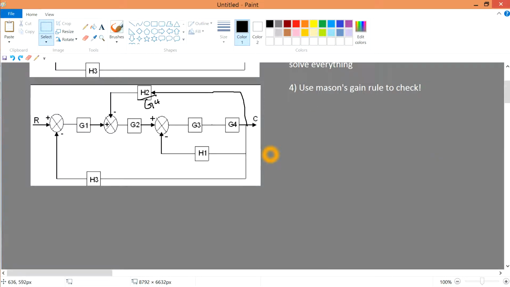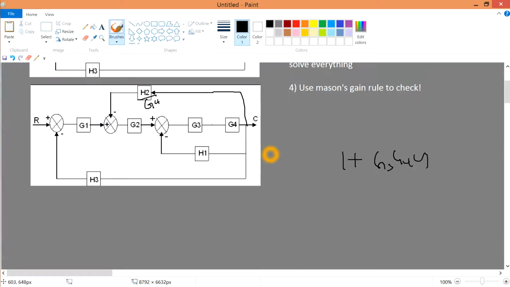I'll just rearrange and write this as G3 G4 over 1 plus G3 G4 H1. Please take note that if the feedback loop is negative, then it's 1 plus G3 G4 H1.